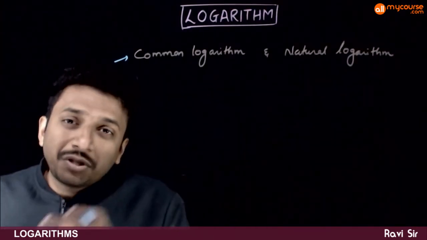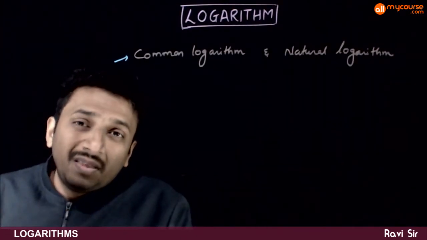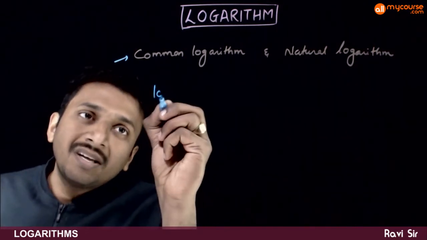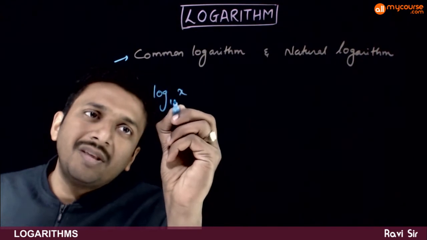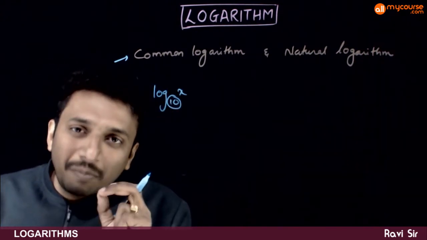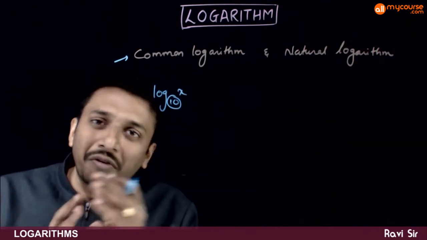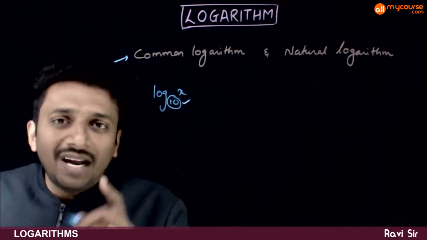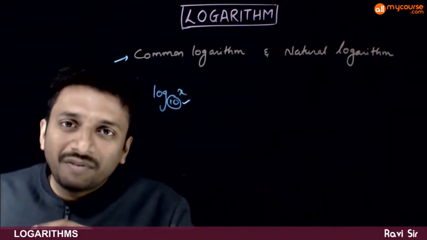So now that you have understood the concept of logarithm, the most useful base in number theory for logarithms is log x to the base 10. 10 is the most useful base that you will come across in a lot of problems. So 10 has been decided as the default base of a logarithm.